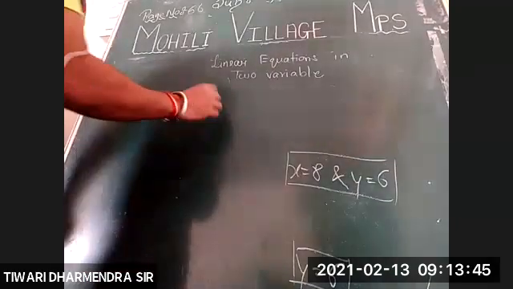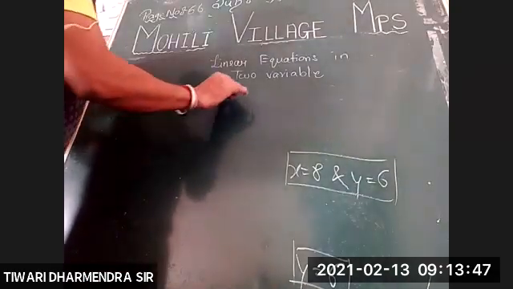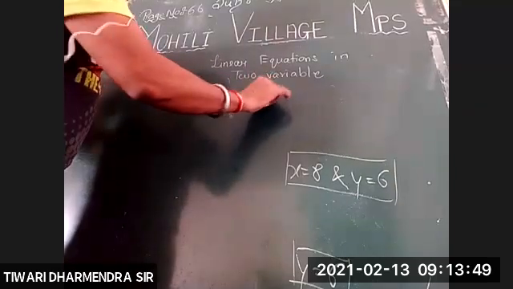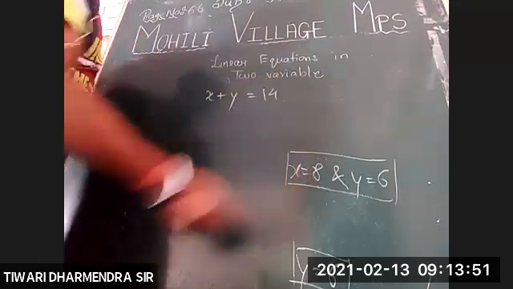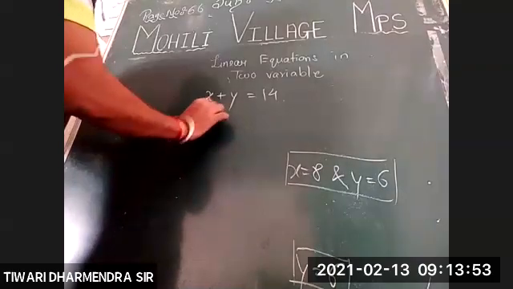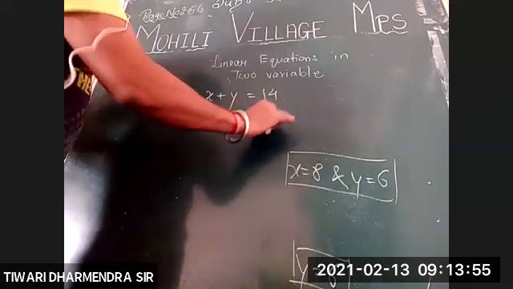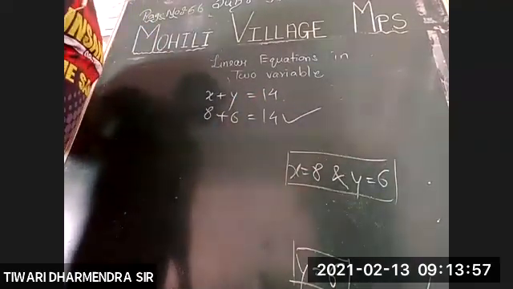Because when we substitute, you can see our first equation was x plus y equal to 14. Now substitute the value of x as 8 and y as 6. 8 plus 6 equal to 14. Yes, true.